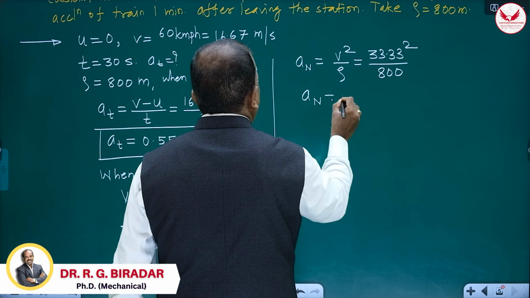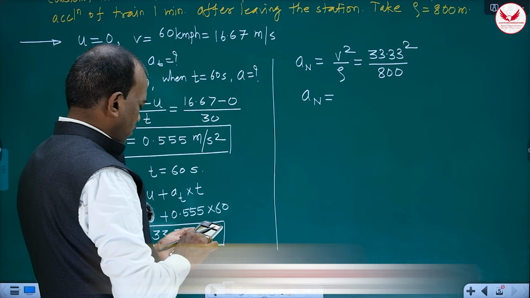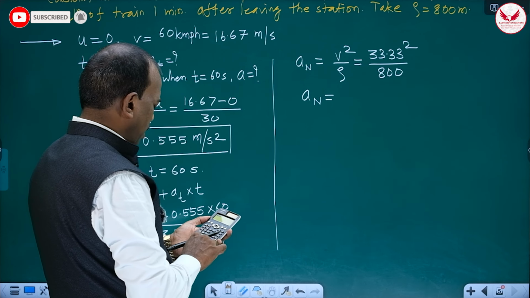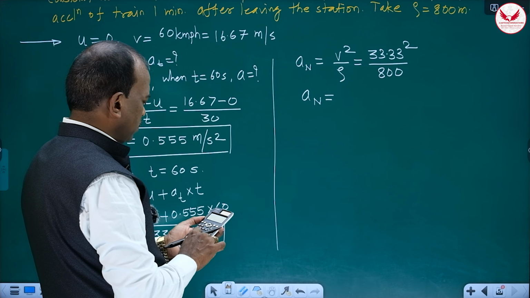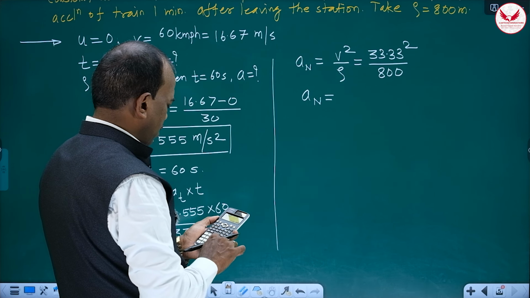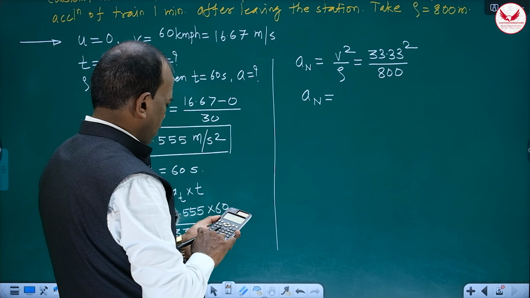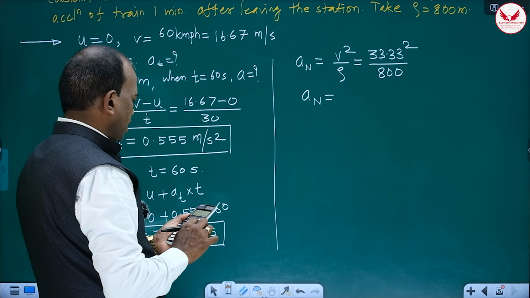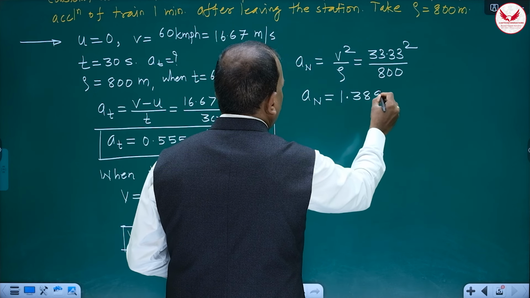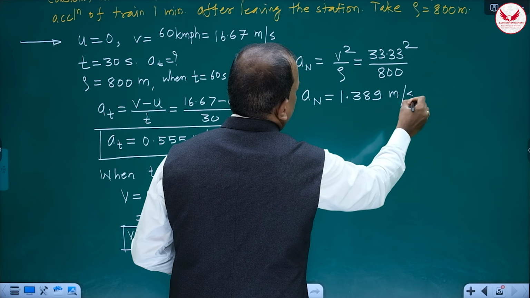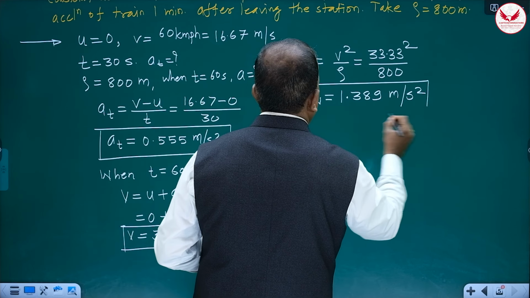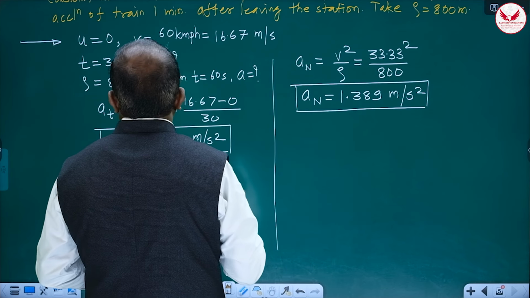From there we'll get An, 33.33 square divided by 800, which is 1.389 meters per second square. Means we are knowing AT, we are knowing An also, and what we have to get?